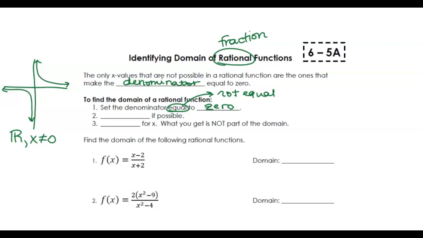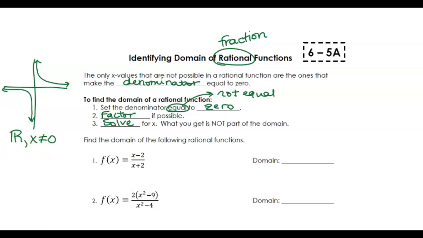So you're going to set the denominator not equal to 0. Then we're going to factor, if possible. So factor that denominator and solve for x. Whatever you get when you factor is going to be not part of your domain. So it's going to be all the real values for your domain except whatever you find.